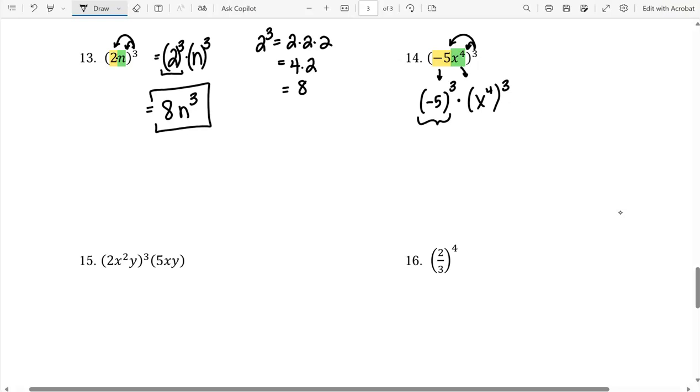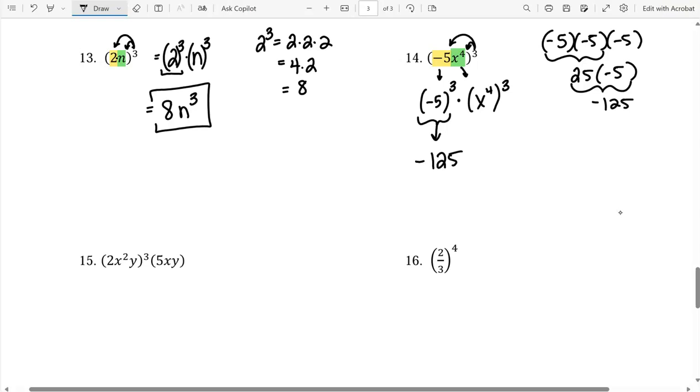Well, -5 cubed, -5 times -5 times -5 is 25 times -5. When I multiply those, I get -125. So my numbers could be simplified as -125.